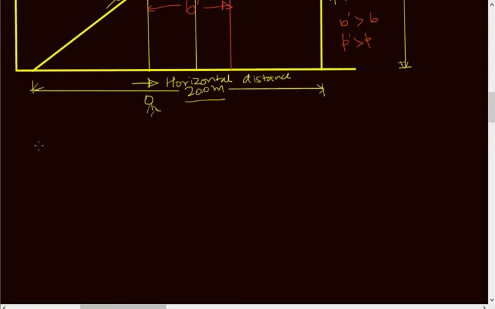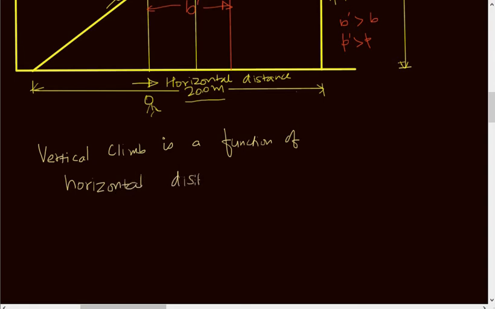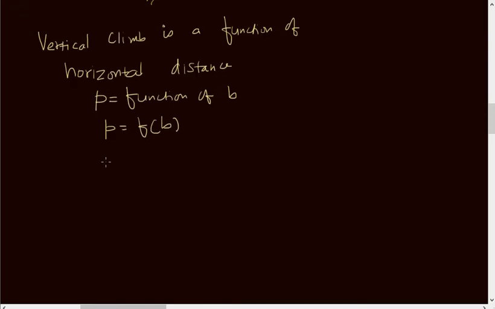What I wrote: vertical climb is a function of horizontal distance, or P is a function of B, or we can write P equals f of B. So the relationship between P and B is this.